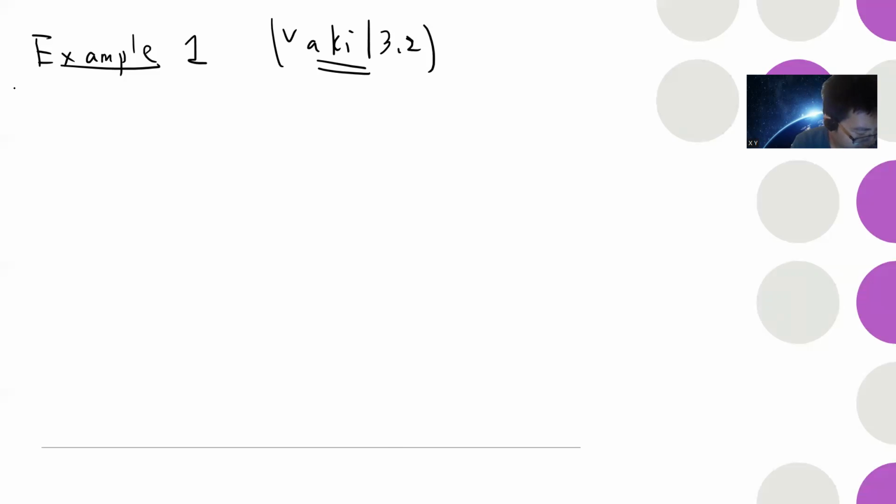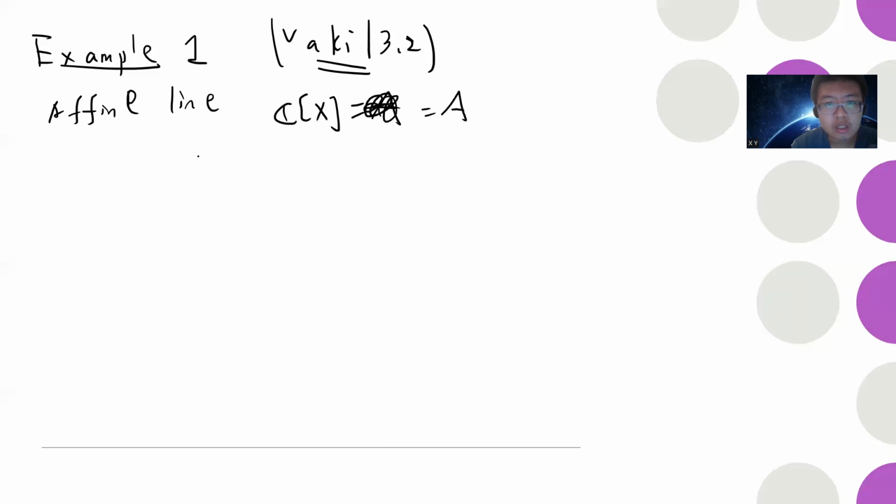The first one, which is very simple, is the affine line. You can take the ring A to be C[x], and our affine scheme is Spec C[x].